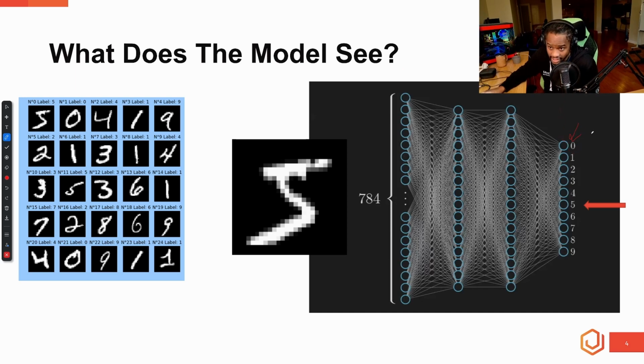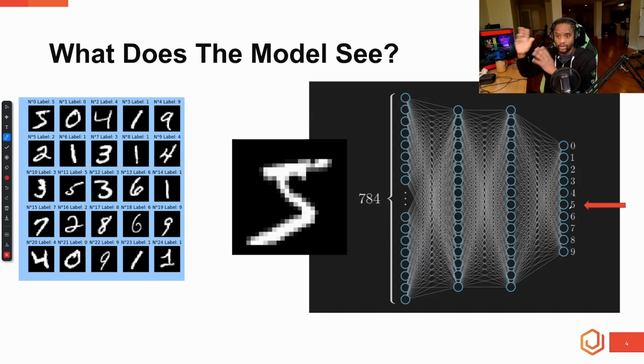This is a classification: it's classifying what is the number in this picture. Picture goes in here, class comes out here, and the classes are 0, 1, 2, 3, 4, 5, 6, 7, 8, 9.